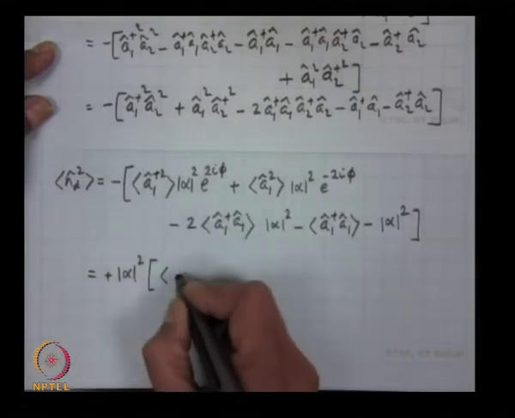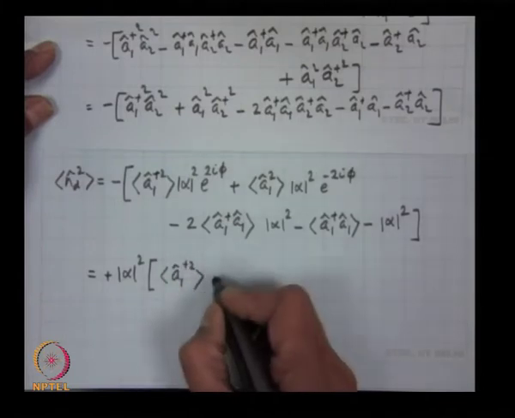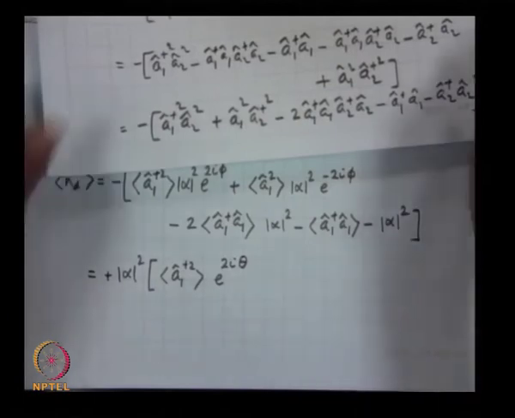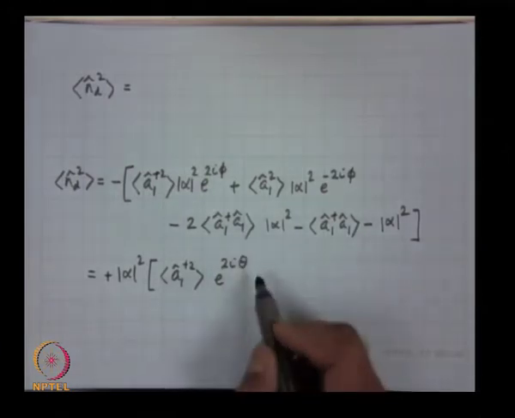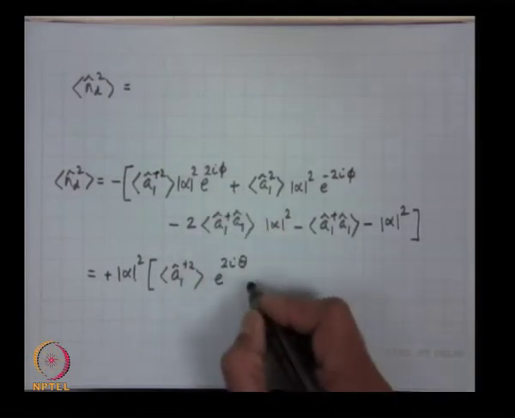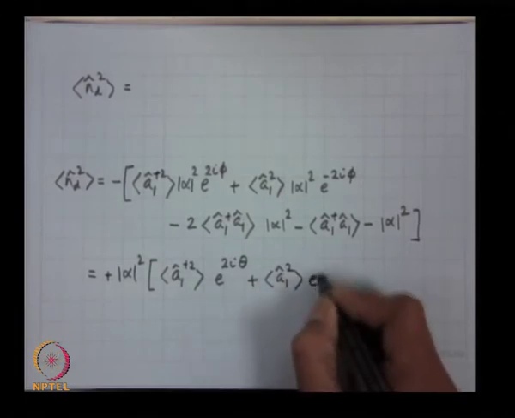So this is A1 dagger square e^{2iθ}, because please note minus 1 is exponential iπ, and that is exponential 2 times iπ/2, and if I add with 2iφ I get exponential 2iθ, plus A1 square exponential minus 2iθ.